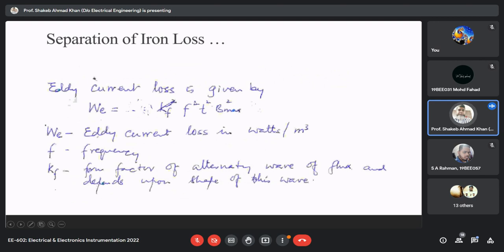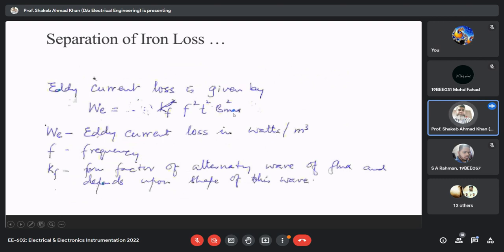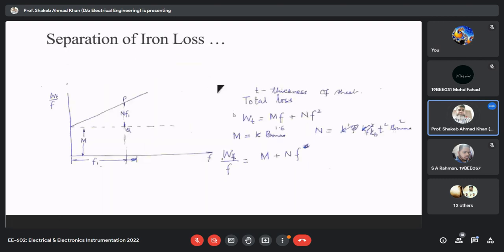In this equation also everything is constant, especially flux density, and only frequency is varying. So these two equations we can write in this form: total iron loss is equal to the hysteresis loss plus the eddy current loss. If anybody has any question regarding this expression with reference to these two equations, you can ask, please.